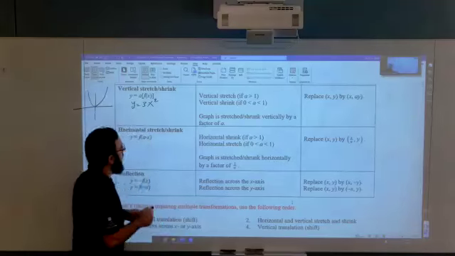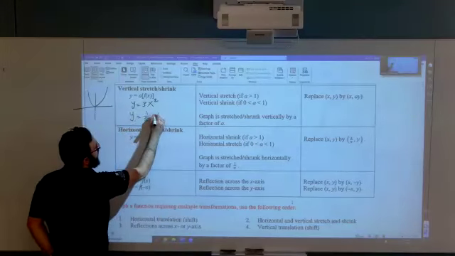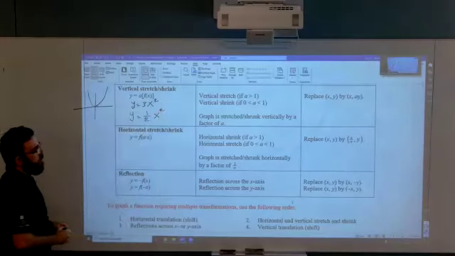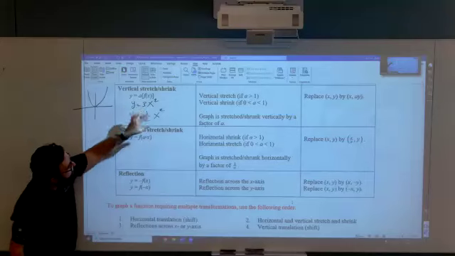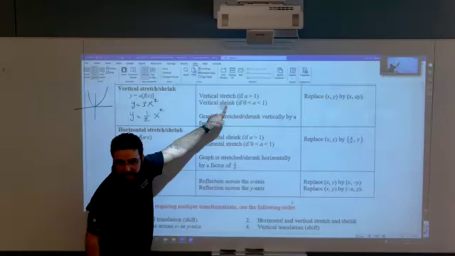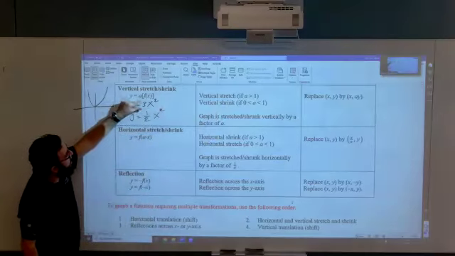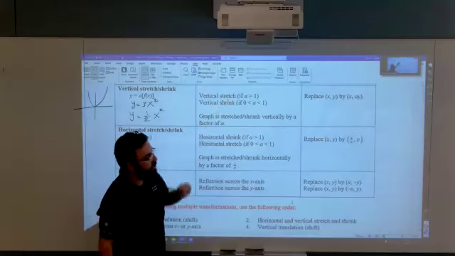So, okay, so here's another example. Y equal 1/2 x squared. So when I see the number here, between 0 and 1, it's a vertical what? Shrink. If I see the number here greater than 1, it's a vertical stretch.